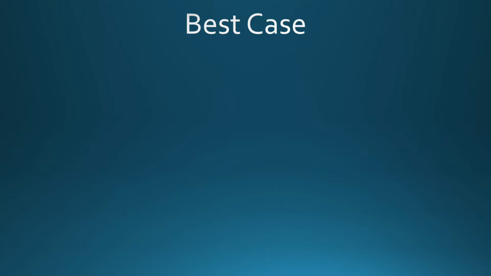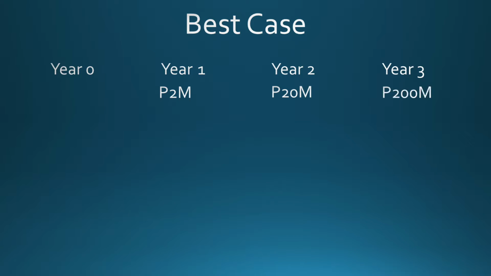Let us now use the discounted cash flow technique in order to arrive at the value of the business under each possible scenario. For the best case scenario, we have year 1, year 2, and year 3 with the following cash flows: 2 million, 20 million, and 200 million, with an exit price of 2.4 billion at the end of year 3.